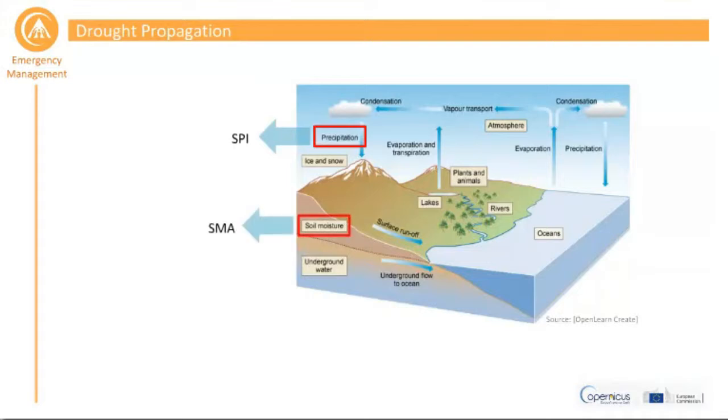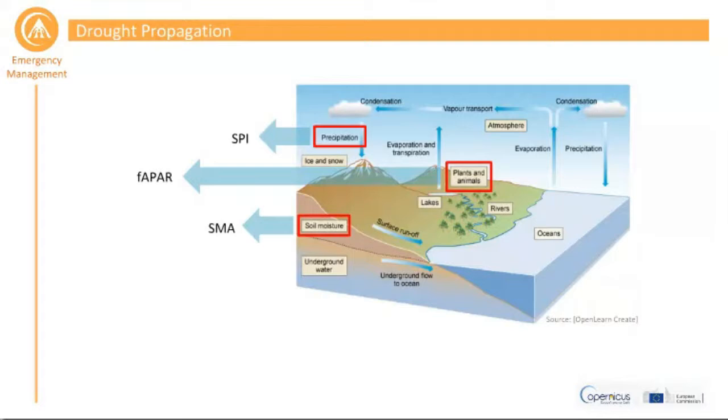For example, the low precipitation might cause a soil moisture drought to develop, which we monitor using the soil moisture anomalies indicator, SMA. Then the decreased soil moisture could affect vegetation and animals. We specifically monitor vegetation using the fraction of absorbed photosynthetically active radiation, FAPAR, indicator.